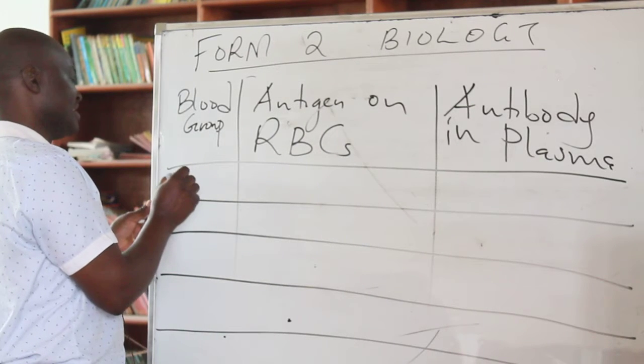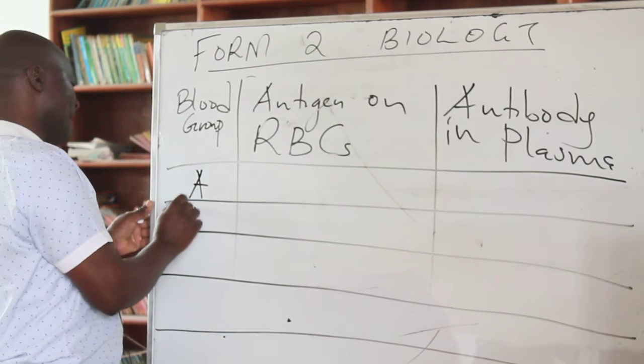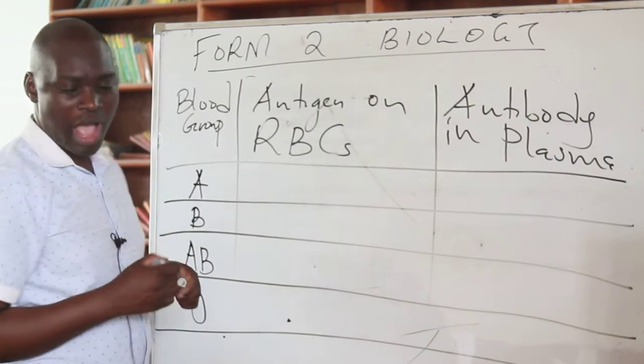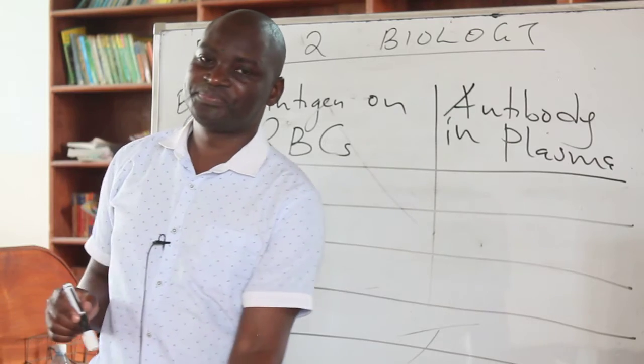We have said we have blood group A, B, AB, and O. So how do we arrive at these blood groups?